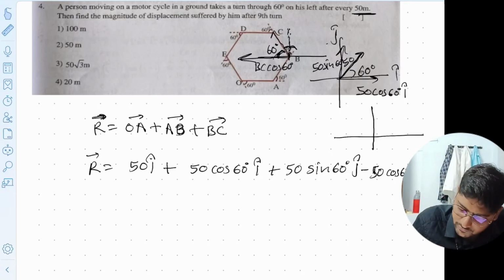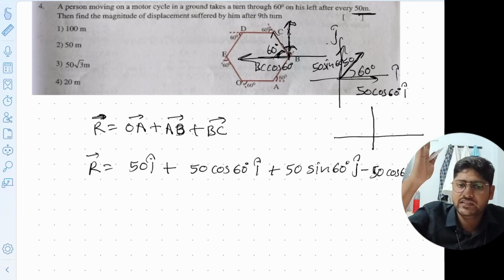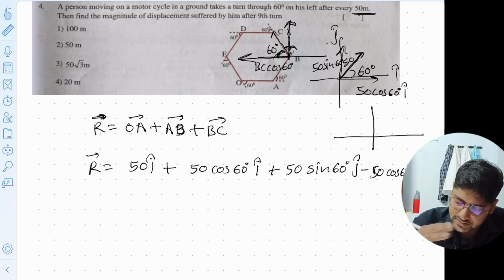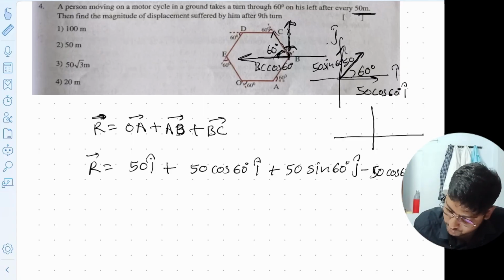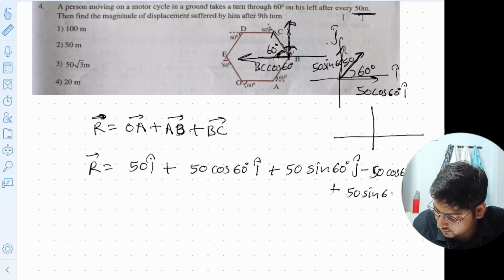The other BC component will be upward: BC sin 60 in the positive J direction, so plus 50 sin 60 in the positive J direction.